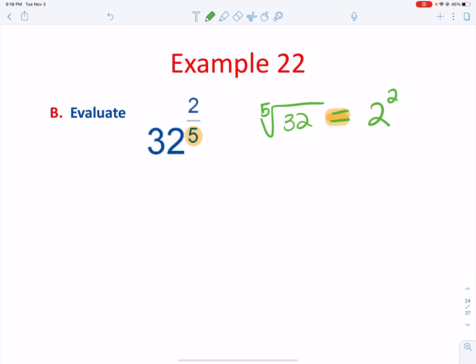And now I'm doing this other one, 2 squared is 4. So my answer is 4. So it doesn't matter what order you do this in, but I don't know what 32 squared is, and I've never asked you to memorize it. So that's why I do the 5th root first. You should know 2 times 2 times 2 times 2 times 2 is 32. That is one that you should have memorized.